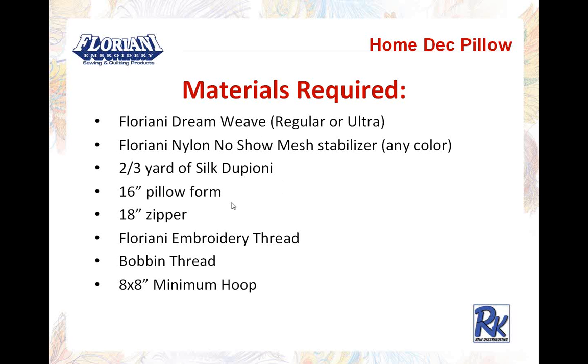You're going to need a 16-inch pillow form for the center, an 18-inch zipper, some Floriani embroidery thread for the top. You're going to pick a thread color that goes with your fabric, obviously, one that matches or one that doesn't, up to you. Bobbin thread, standard white bobbin thread's fine because it's going to be on the back, and an 8x8 minimum hoop or 200 by 200 minimum hoop size, 200 millimeter by 200 millimeter, is what we're going to need for this project.